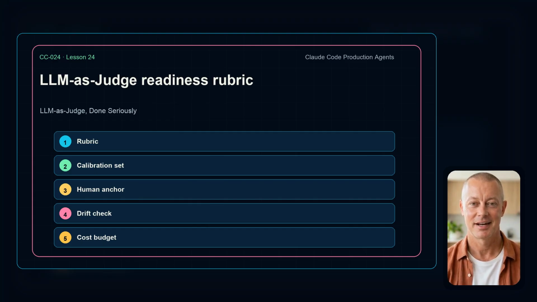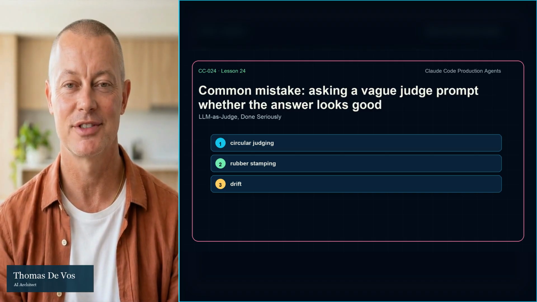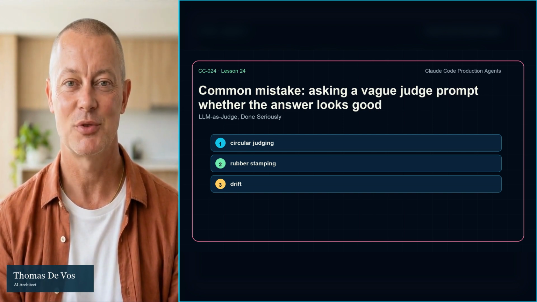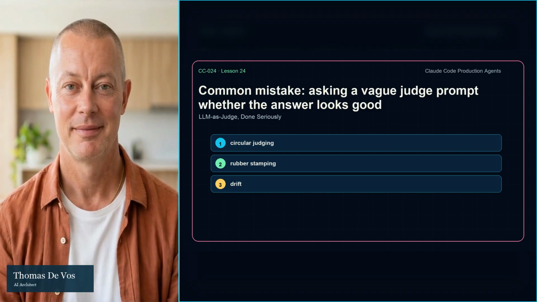The common mistake is asking a vague judge prompt whether the answer looks good. It feels efficient because it avoids upfront work. It becomes expensive when the agent regresses, drifts, or fails, and nobody can explain why. Let us recap Lesson 24.